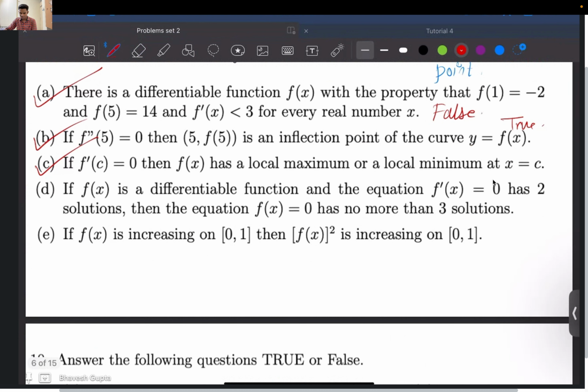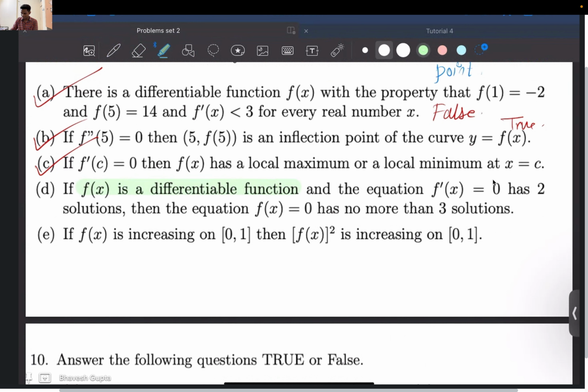The D statement asks me: if f(x) is a differentiable function and the equation f dash x equal to 0 has two solutions, then the function has no more than three solutions. So what does this basically tell you? The first thing is that the function is differentiable. That's good because that's continuous. That's the most important thing.